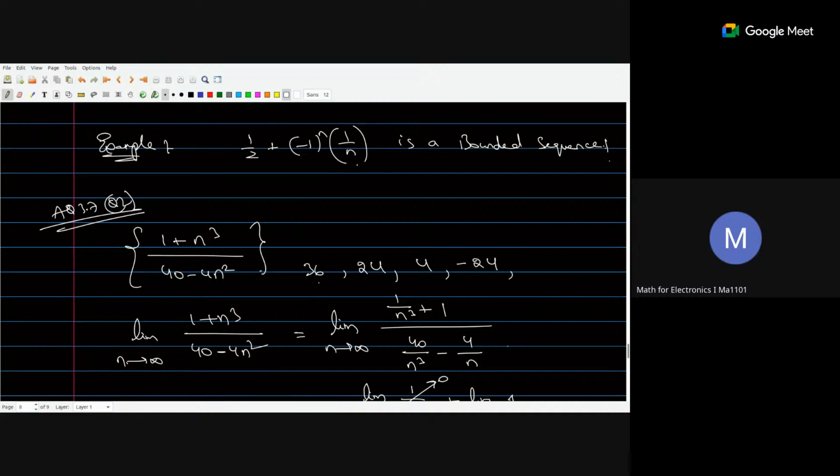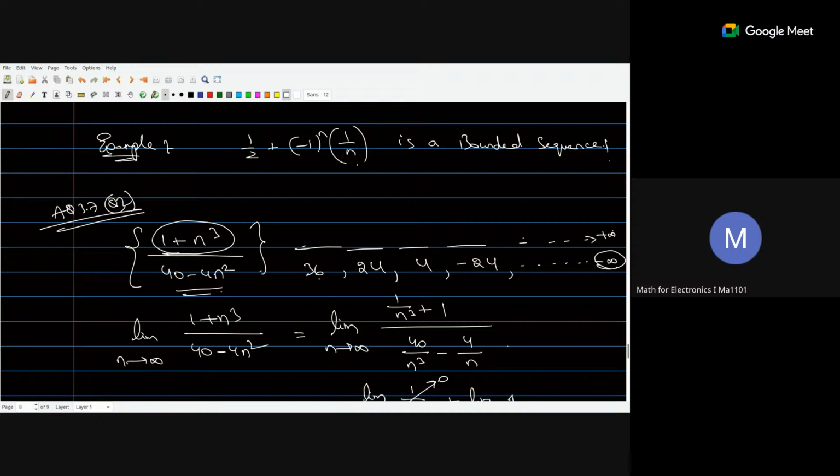Again, when n is 4, what happens? 4 times 16 is 64. 40 minus 64 goes to a negative value, minus 24. You see, as n tends to infinity, the denominator value decreases and approaches minus infinity, and the numerator slowly increases and approaches plus infinity. When you do the division, the amount by which the numerator increases is cubical compared to the amount by which the denominator decreases.